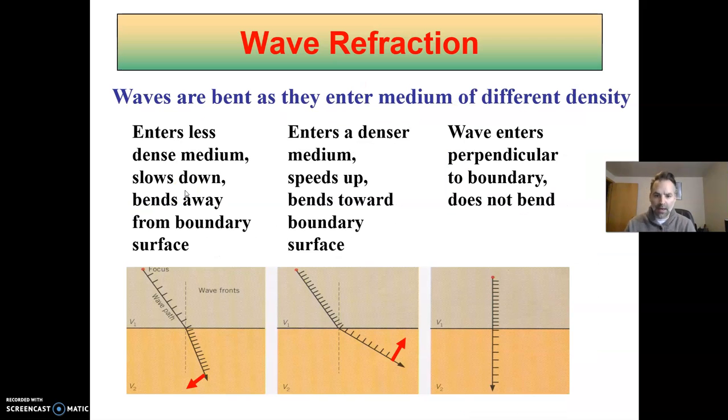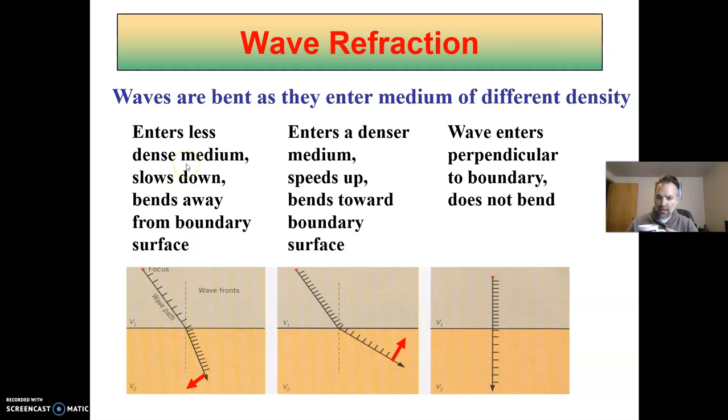So here's more on wave refraction. Basically, waves are bent as they enter a medium of different density or different rock properties. Here it's showing V1, velocity 1, and velocity 2. So here's your wave path, and then when it enters this other rock body, it is refracted.